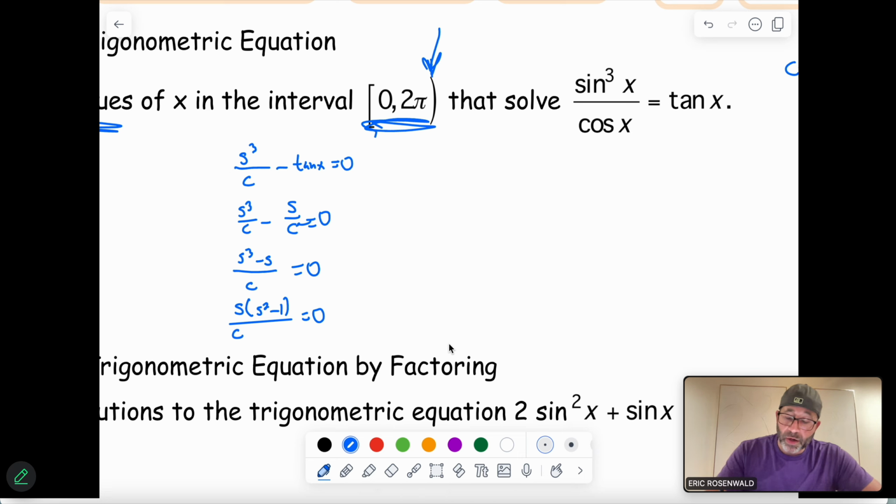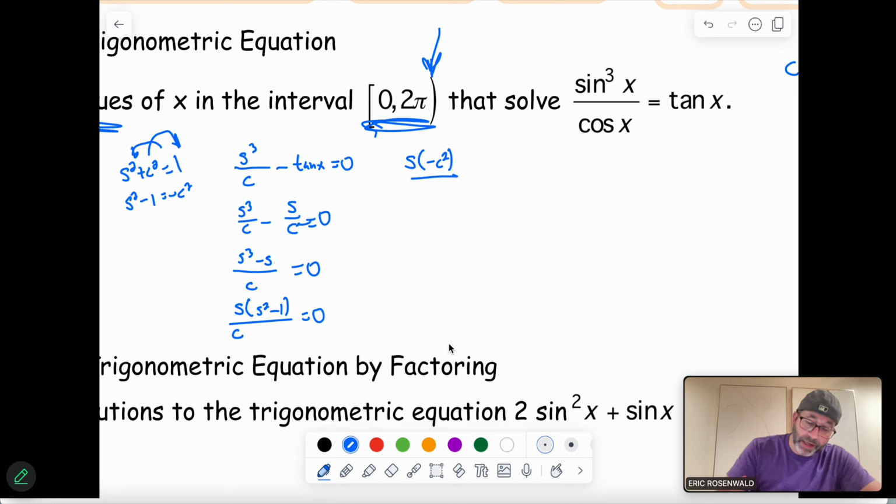All right. Now, when we look at our Pythagorean identities, we should recognize sine squared minus 1. We know that that's actually equal to negative cosine squared, from doing the sine squared plus cosine squared is equal to 1. We get that sine squared minus 1, if I move the cosine squared over, is going to be equal to negative cosine squared. So we have sine times negative cosine squared divided by cosine is equal to 0.